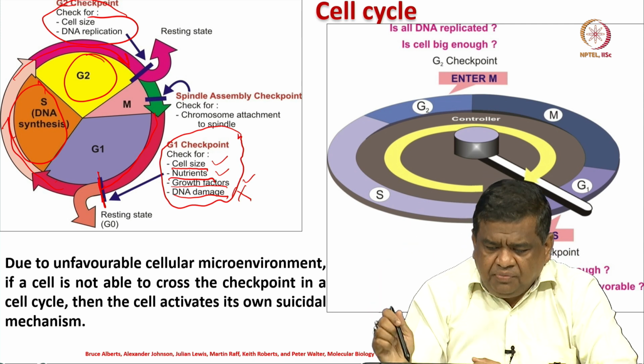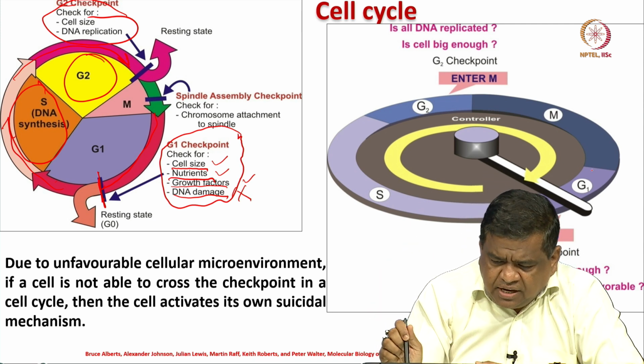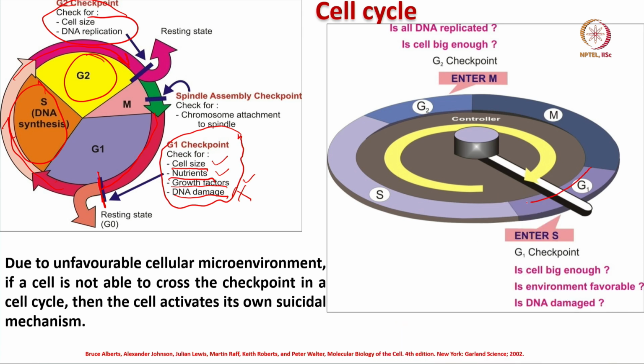Right. So, these checkpoints are very important. Why are these checkpoints important? Suppose a cell is not qualified to move from G1 to S phase and it is stuck at the G1 checkpoint, because some of the criteria are not fulfilled.